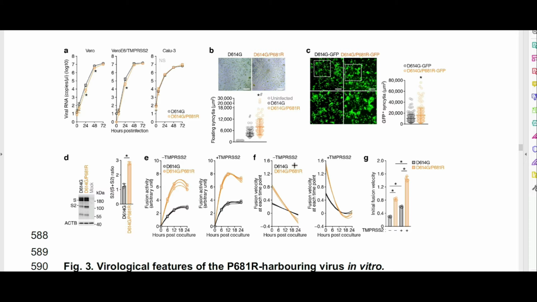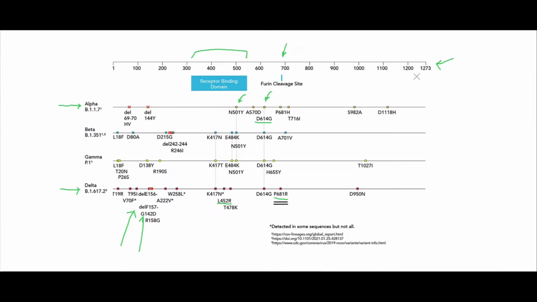But anyway, once again, the takeaway message is that this P681R mutation is increasing the infectivity of the virus, and that is this P681R, which is not only found in the Delta variant, but is also new in the Delta variant.